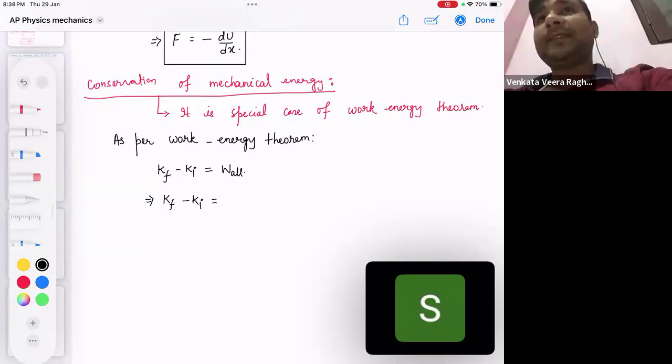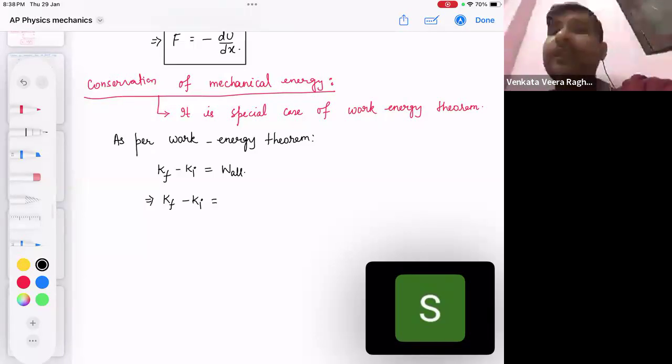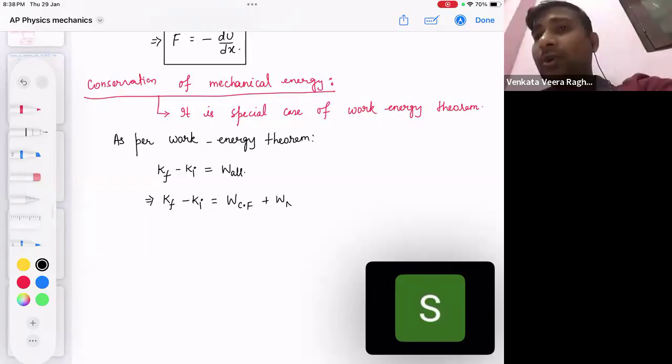Or maybe it's possible 1 is a conservative force, 3 of them non-conservative. Or it may be possible 3 are non-conservative, 1 is conservative. So it depends on what forces are acting. So let's say all these I am going to divide into 2 parts: conservative force and non-conservative force.